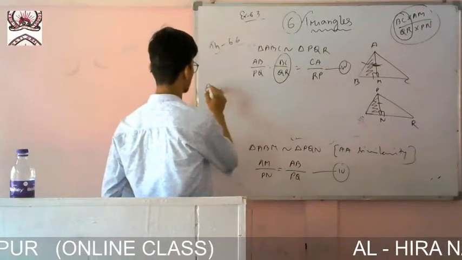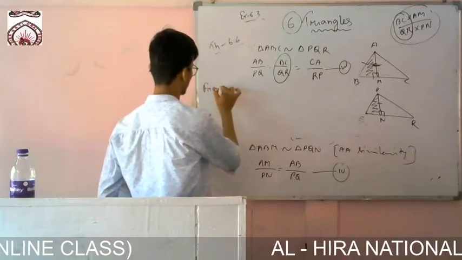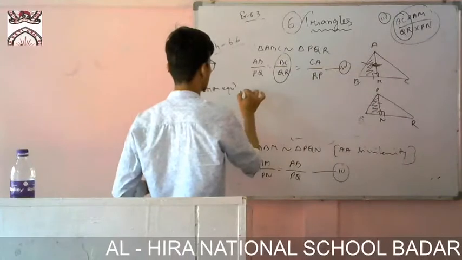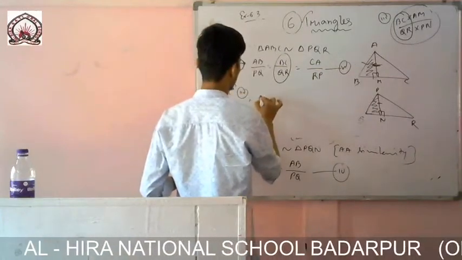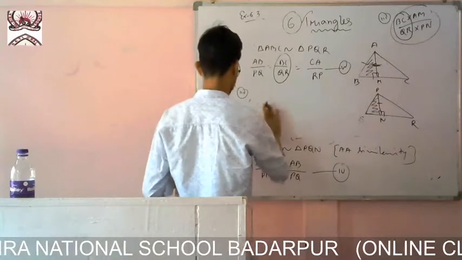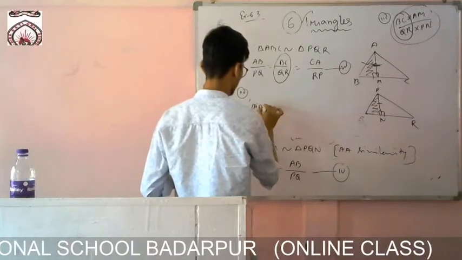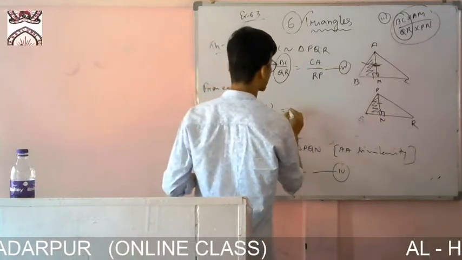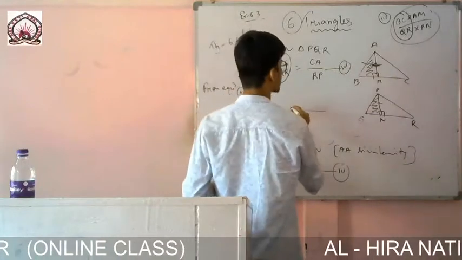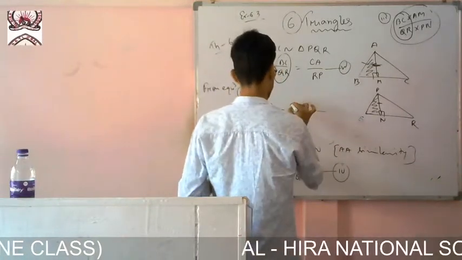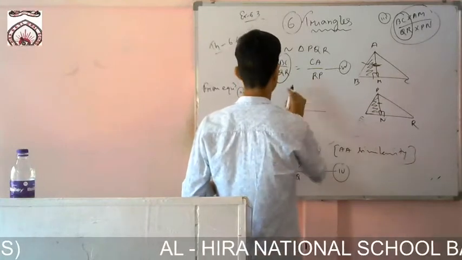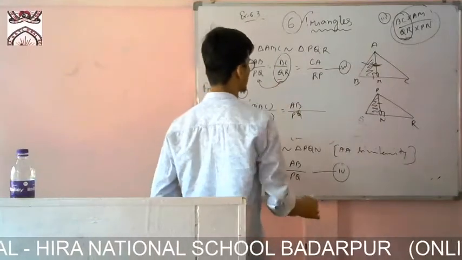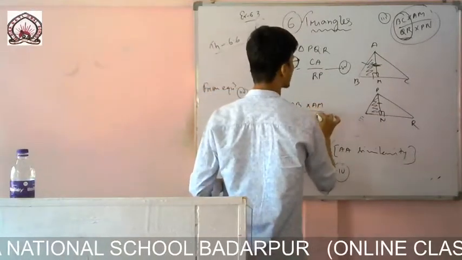From equation 3 you write: area of triangle ABC by area of triangle PQR will be equal to BC by QR. In place of BC by QR, I can write AB by PQ, since this one and this one are equal. Into AM by PN.